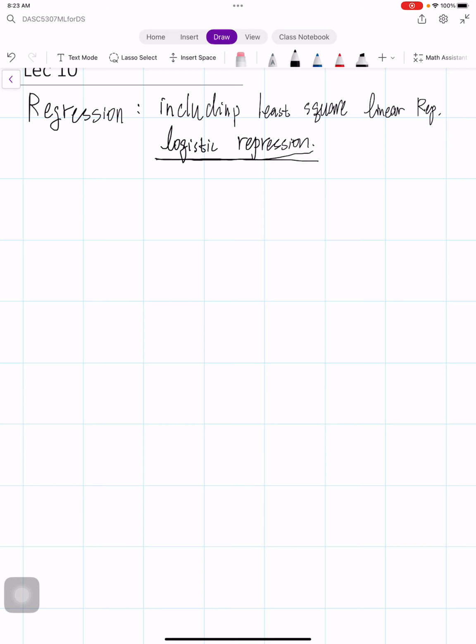Okay, so let's start the new topic, regression. So regression, basically what we are doing is we are finding the best fitting curve to the data.